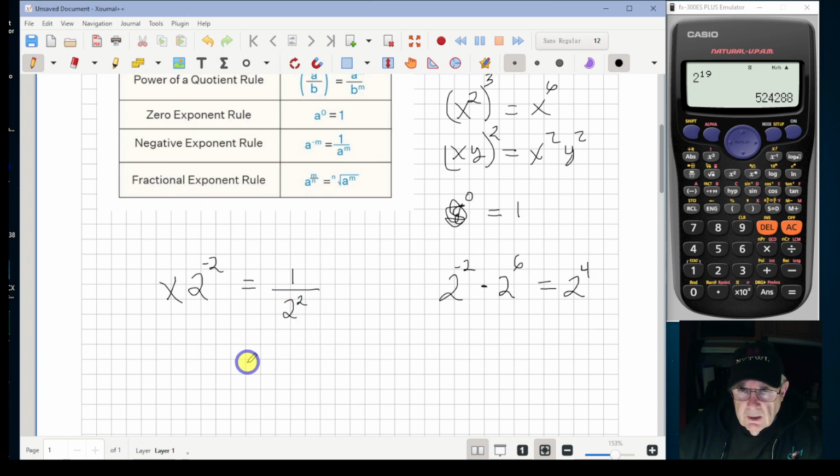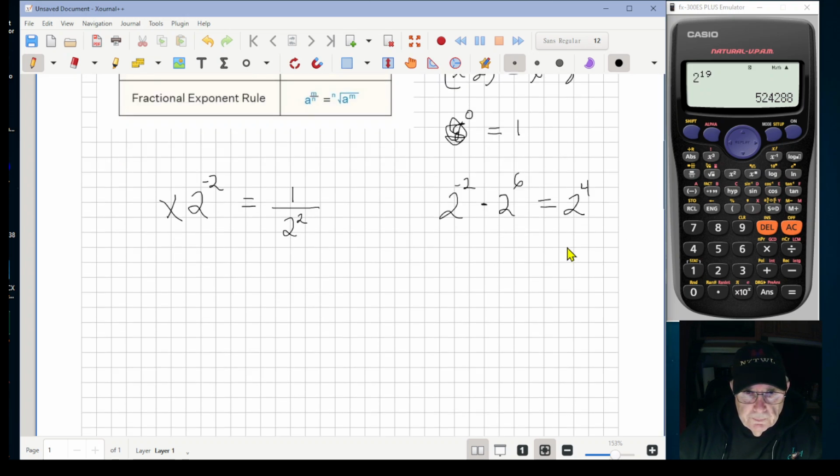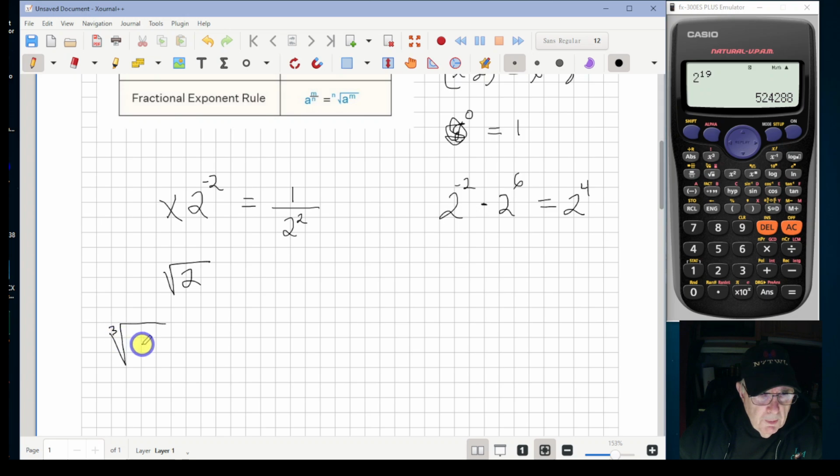Lastly, we get fractional exponents. We've all seen things like the square root of some number. This is the square root symbol. If it was a third root, it would look something like this. It'll have a 3 there. This means the third root of 2. But if there's nothing there, it's understood that this radical symbol means square root.